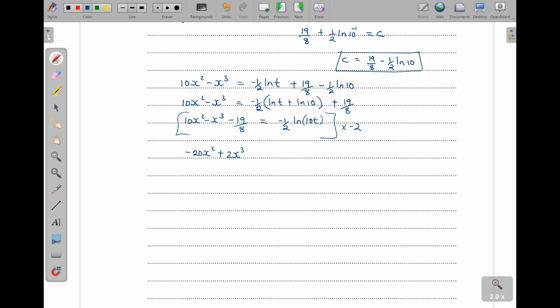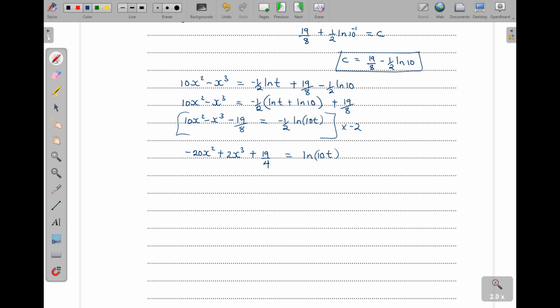Then we shall also have, when you multiply this one by negative 2, the 2 will reduce this one to a 4, so it will be a positive 19 over 4. Then this side, of course, we shall have natural log of 10t, okay?